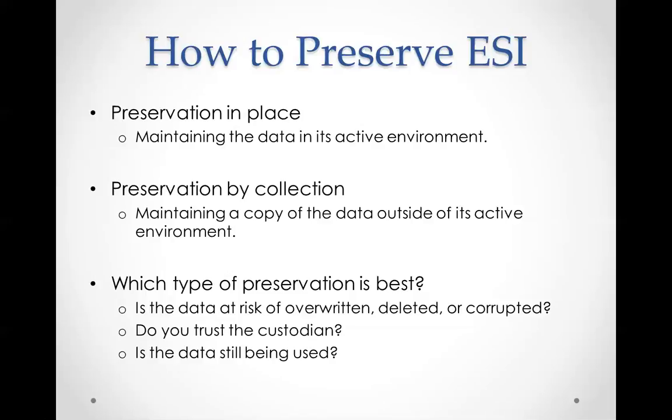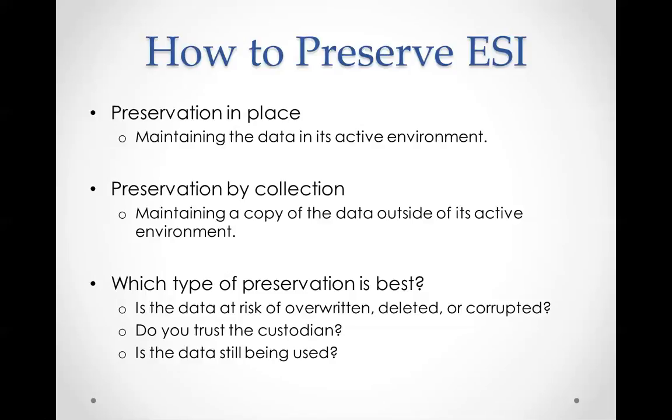But another consideration there is that corporations, in particular, even small businesses, are in the business of doing business. I mean, it seems silly to say it, but despite litigation, their world does not stop. They've got to continue to move on. And so sometimes locking down their data for litigation is a real problem. And in those situations, a quick in and out preservation by collection is a business benefit to the client.